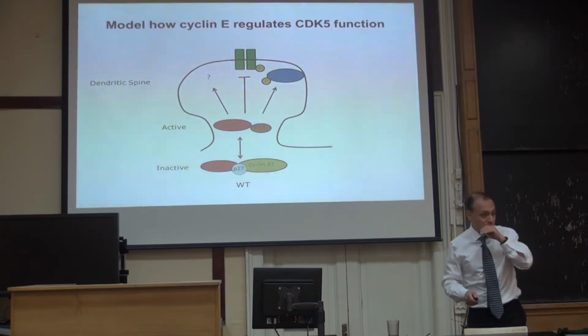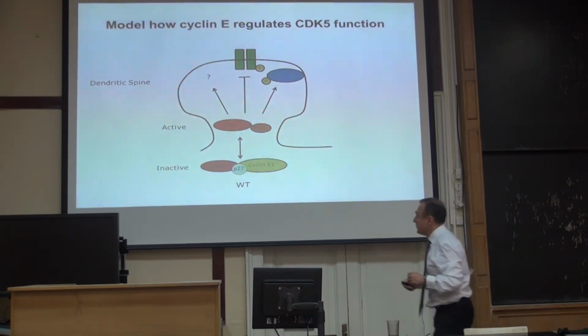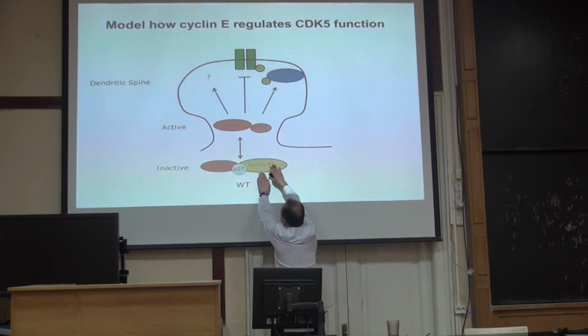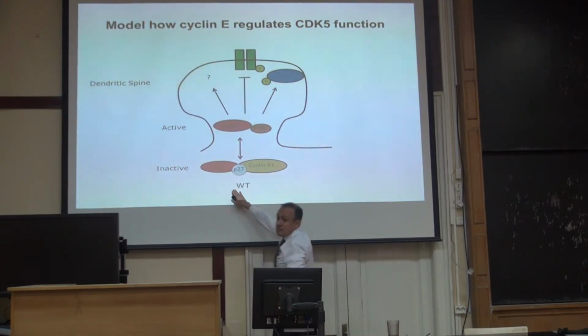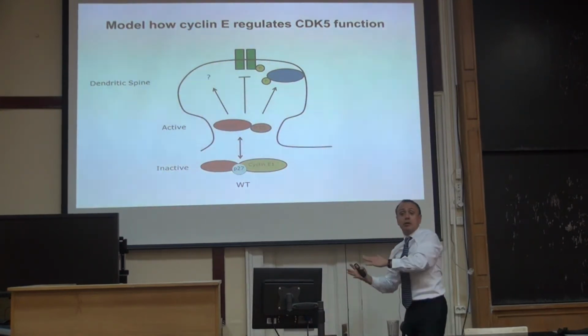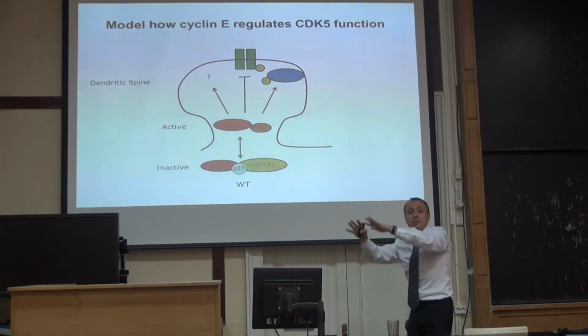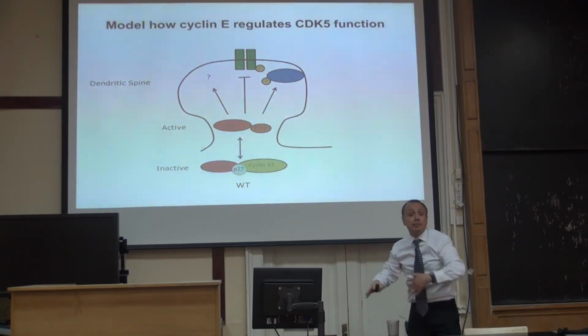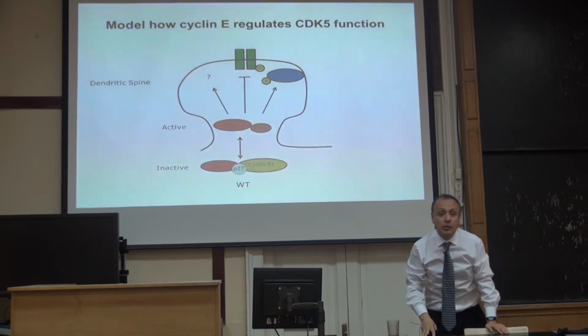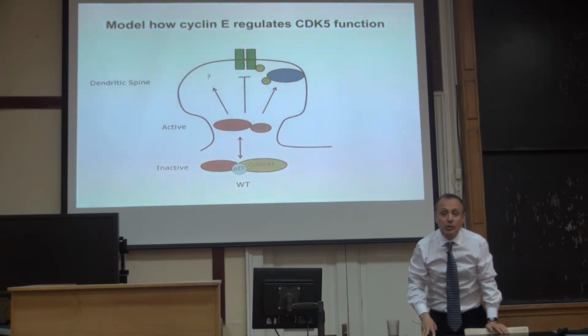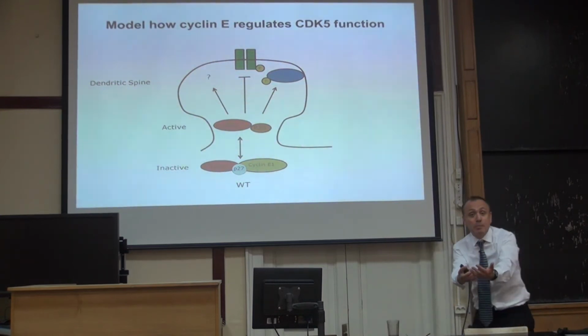Well, the second kind of thing we said is that if we knock out cyclin E, we hyperactivate CDK5. What would happen if we knock out cyclin E and at the same time knock down CDK5? What would happen, do you think? Yeah, so the expectation is that it should be back to normal, right?